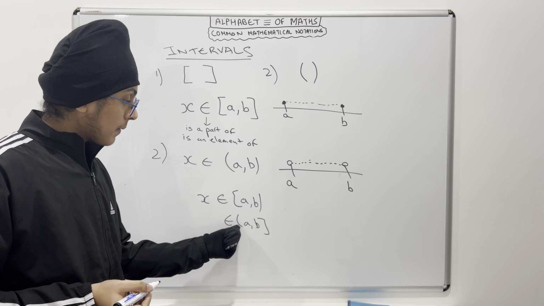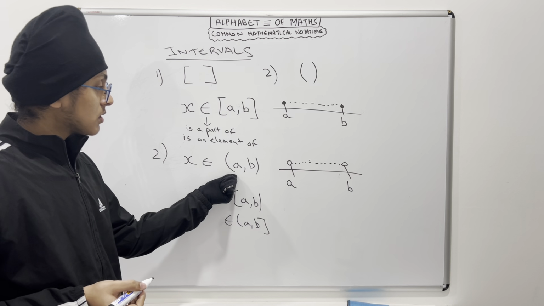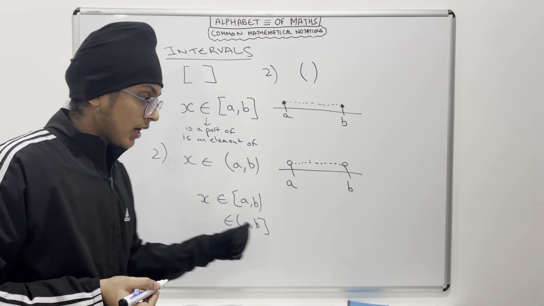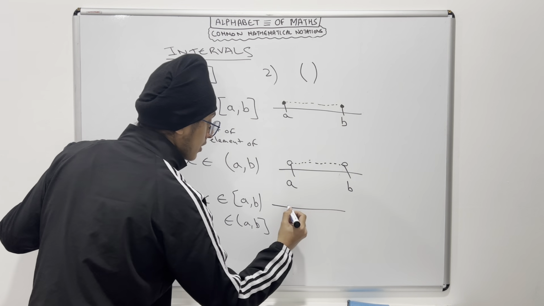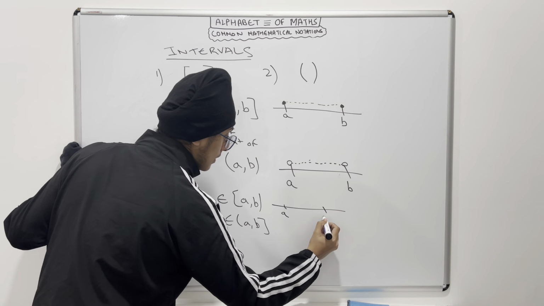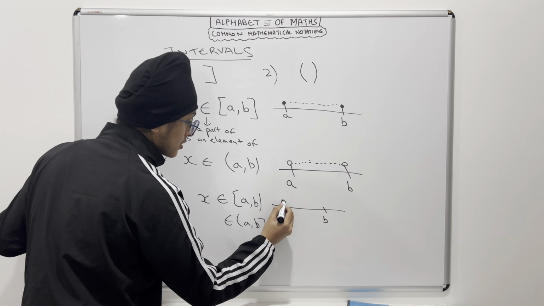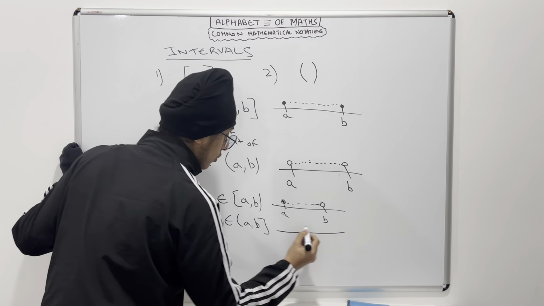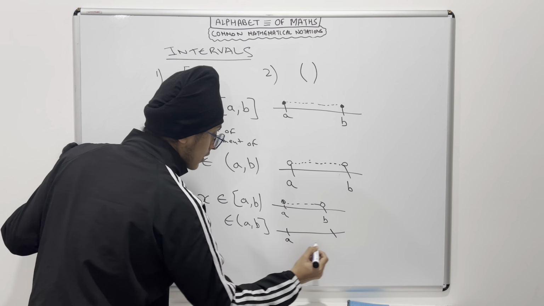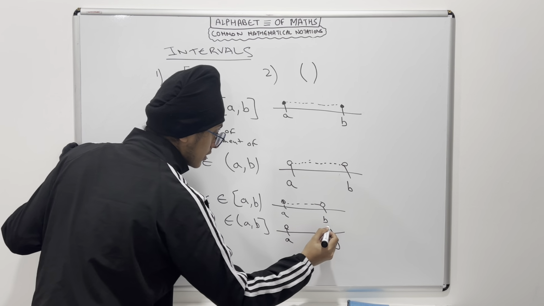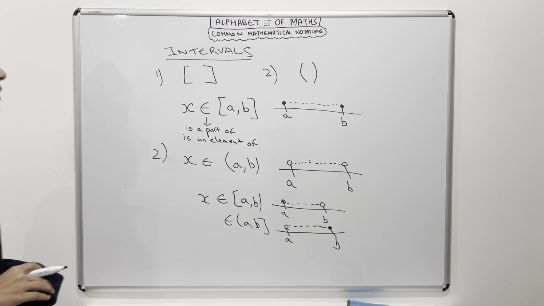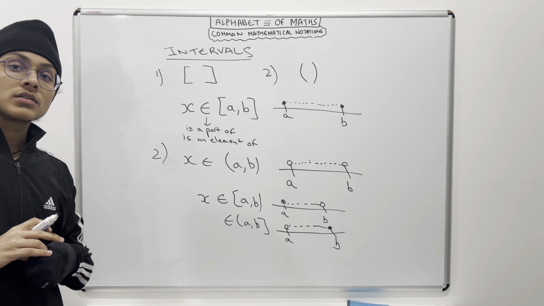And here, because we're using this bracket with a, this means that x cannot be a, and it can be b. On the number line, it would look something like this, where a is included and b is not included. And over here, a is not included and b is included. And that is the alphabet of maths.